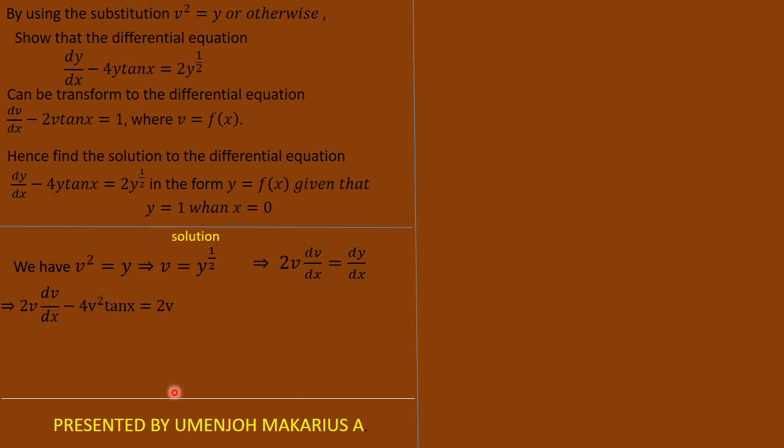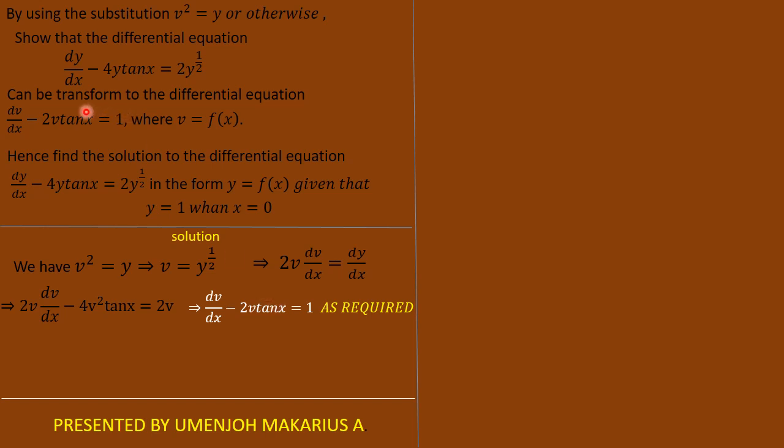Then we have the tangent of x, which is the same as 2 y raised to the power 1/2. Y raised to the power 1/2 here was v. That's why the v is here. Now if we divide all through by 2v, our proof just comes out. We simply have dv by dx minus 2v times the tangent of x equal to 1, as required. That is exactly what we needed to do.